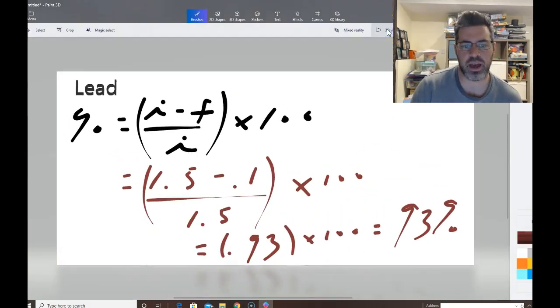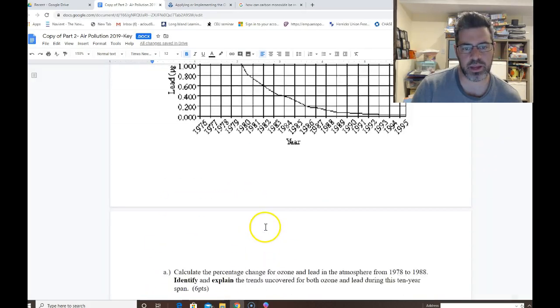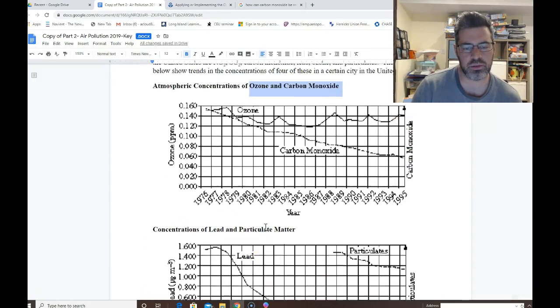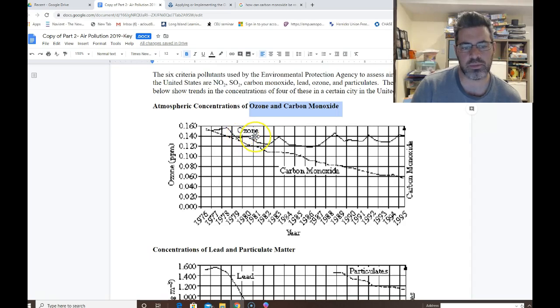So here we have, guys, the first question, percentage change. In this case, I'm doing an example for lead for you. So I have percentage equals initial minus final over initial times 100. Standard percentage change, right? So going back to the chart itself, guys, if I make my way up this way, I look first at ozone.